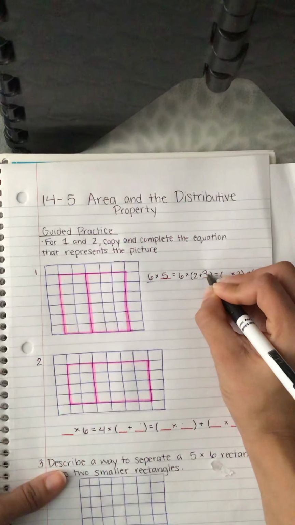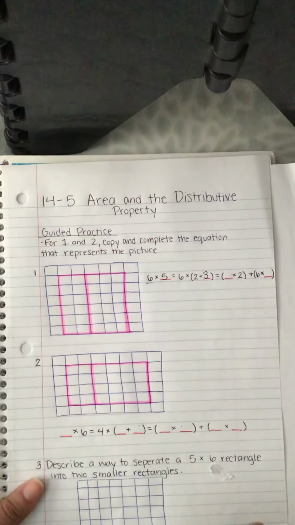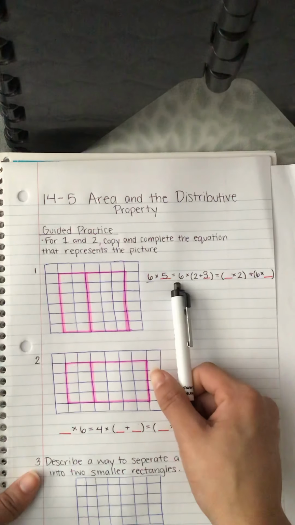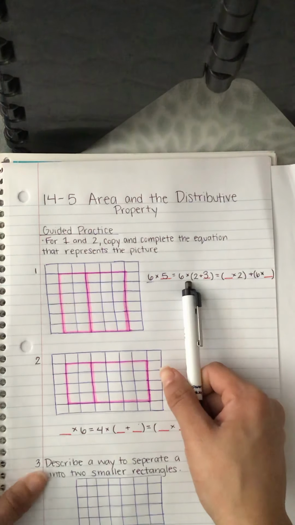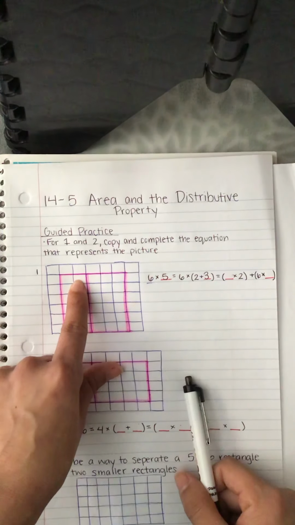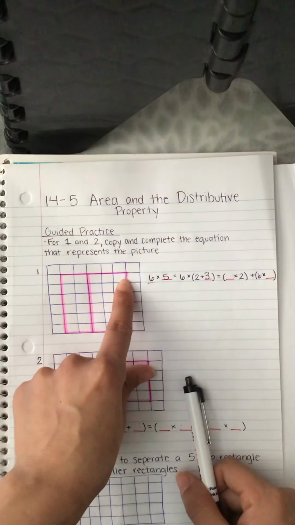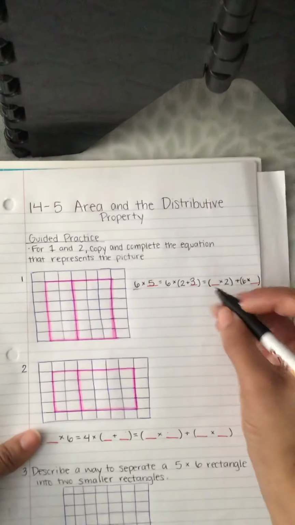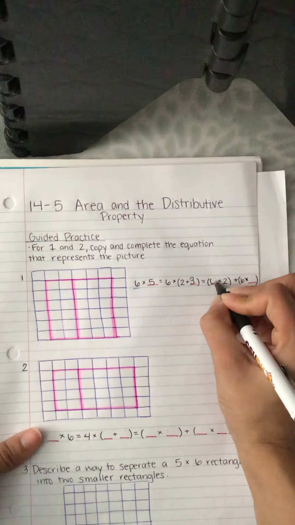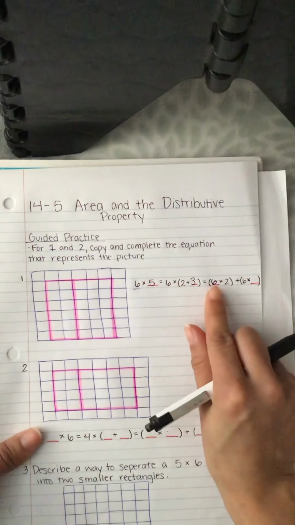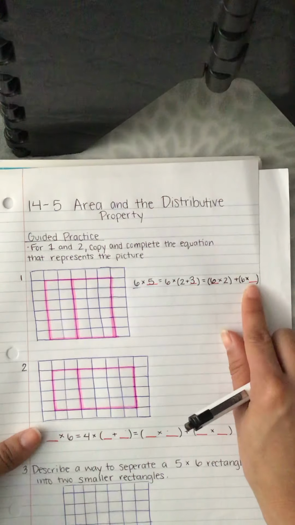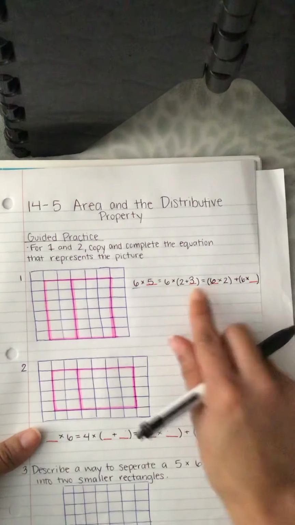That is our missing number here. 6 times 5 is equal to 6 times 2 plus 3. So that equals 6 times 2 plus 6 times 3.